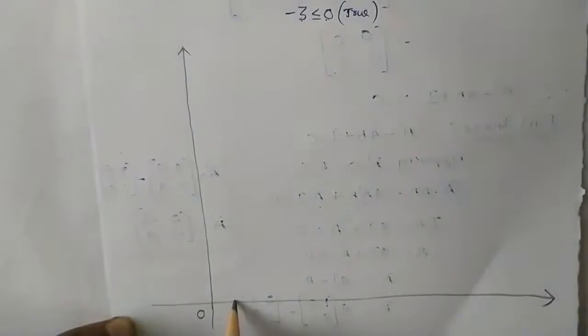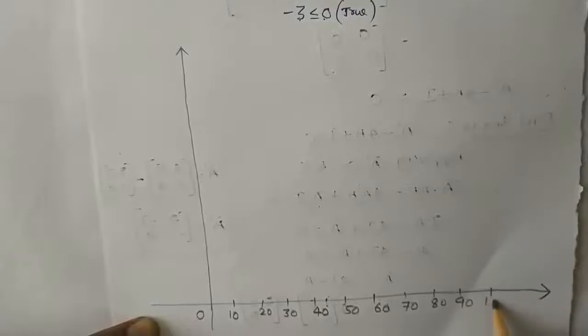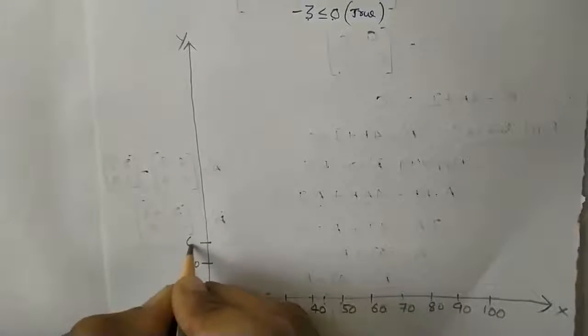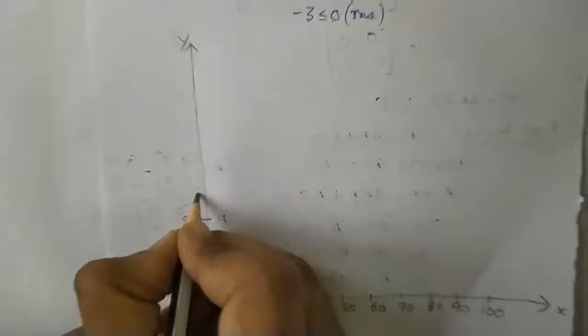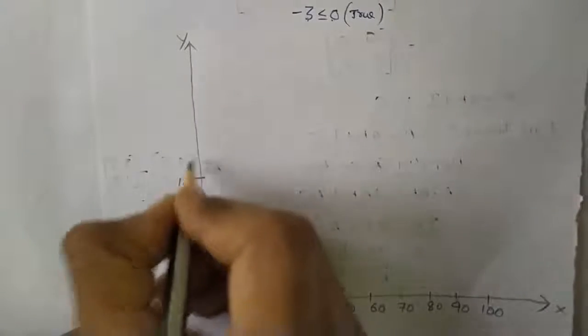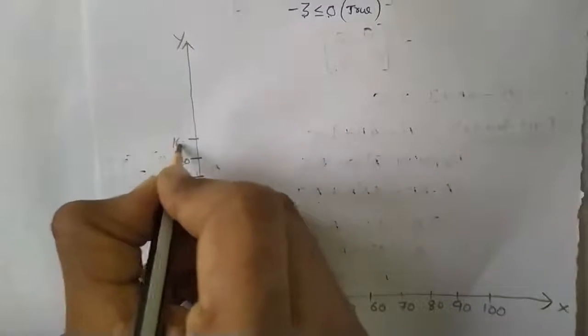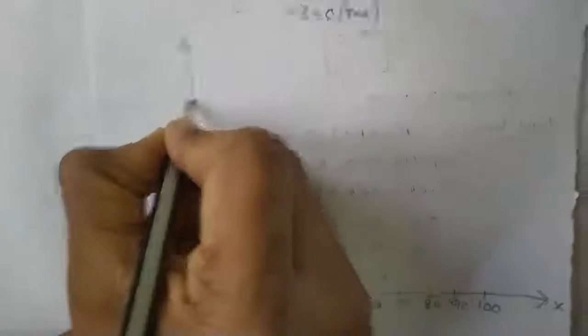So I will take 0, 10, 20, 30, 40, 50, 60, 70, 80, 90 and 100 on the x-axis, and this is the y-axis. Now I don't have more space, so I am taking 20 differences on the y-axis. I need 200. 20, 40, 60, 80, 100, 120, 140, 160, 180 and 200.